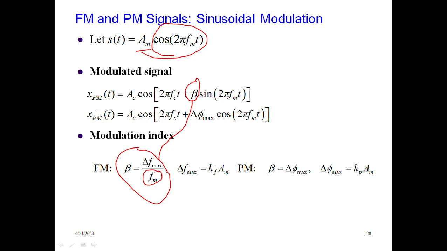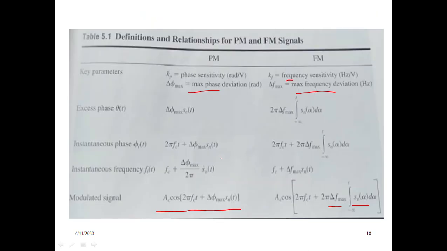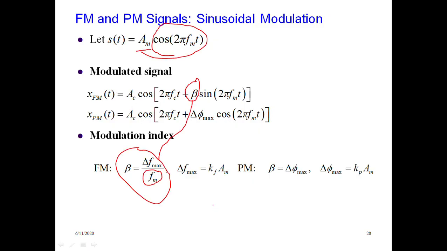Okay, so if you want to do a PM modulated signal, the formula is here: Ac cos(2 pi fc t plus delta phi max s(t)).